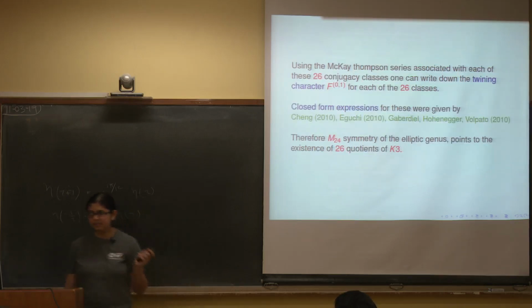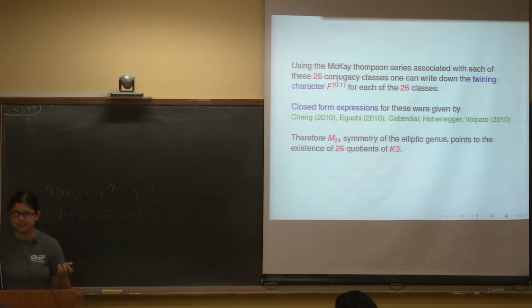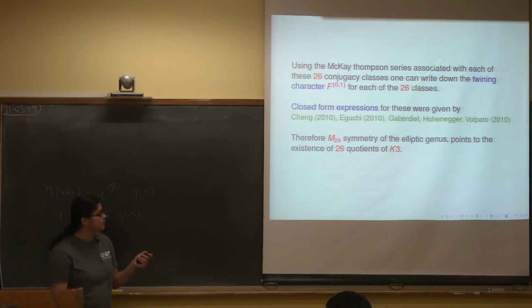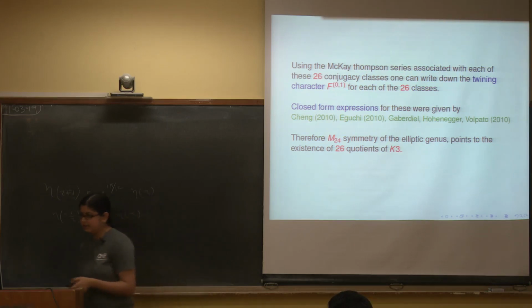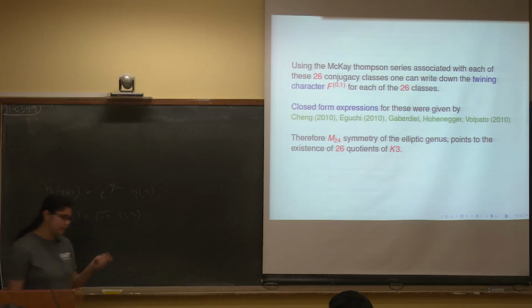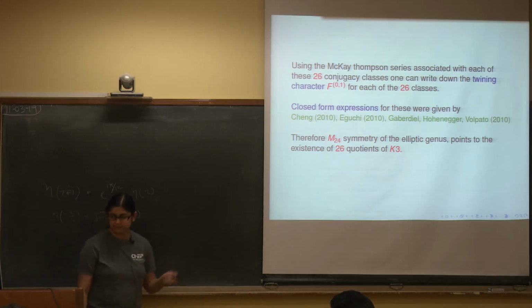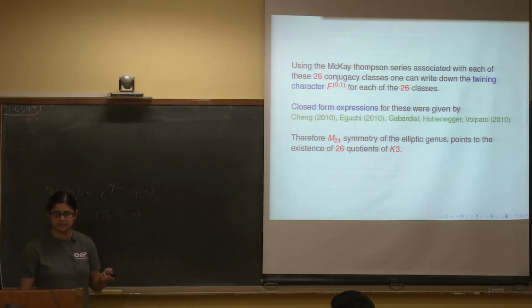Now, using the Mock theta, the Mathieu-Thompson series, which is associated to these 26 conjugacy classes, one can write the F01 for these twisted elliptic genuses, and closed form expressions for these were found by Eguchi, Cheng and Gaberdiel, and in fact, for the order 4 object, even Suresh had written some papers before.